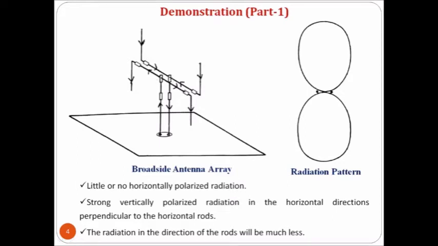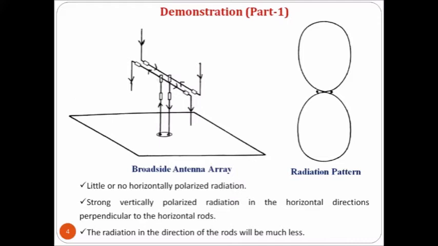So if you observe the vertical rods present here, then the current is equal and opposite. And similarly, in these horizontal rods, the current is equal and opposite. And therefore, no radiation could be observed from this part of the configuration.